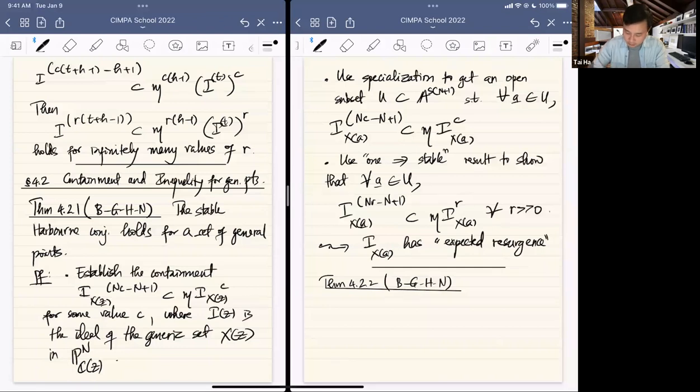So suppose this is the stable Harbourne-Huneke setting, that n is bigger than or equal to 3, and s is bigger than or equal to 4 to the n.